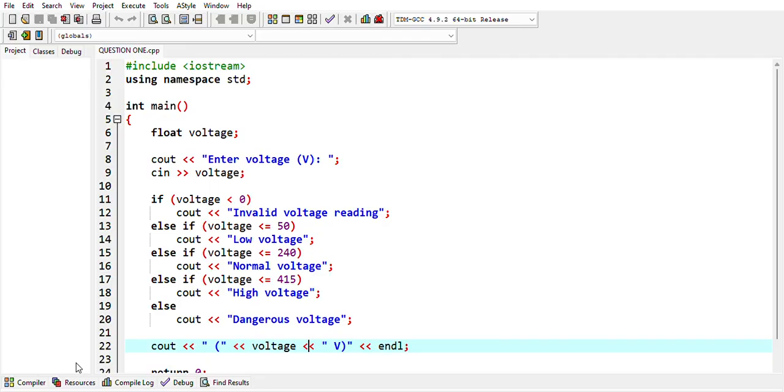We move on to else if (voltage <= 415). It displays the voltage as high voltage. So if the voltage is between 241 volts and 415 volts, it displays it as high voltage.